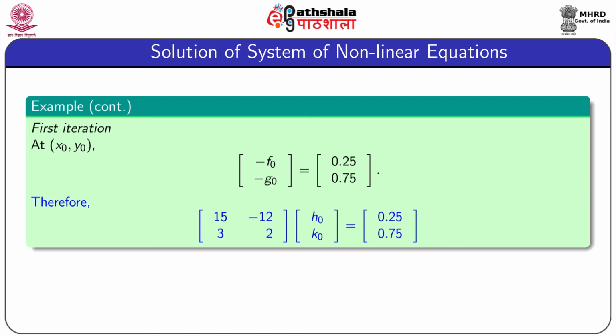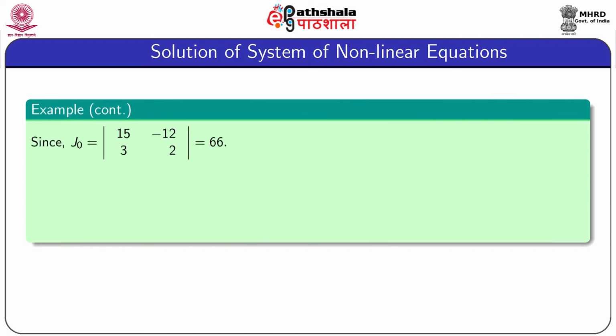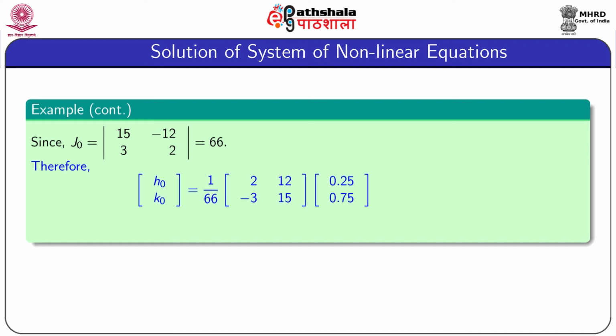Therefore, the system of equations is given by the 2 by 2 coefficient matrix whose first row is 15, −12, second row is 3, 2, and the unknown column matrix is h0, k0, and the right hand vector is −0.25 and 0.75. Since J0 = 66, the determinant of the coefficient matrix, by the matrix inverse method we can obtain the values of h0 and k0 as this one.